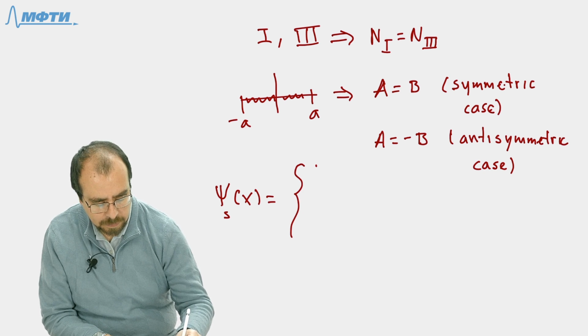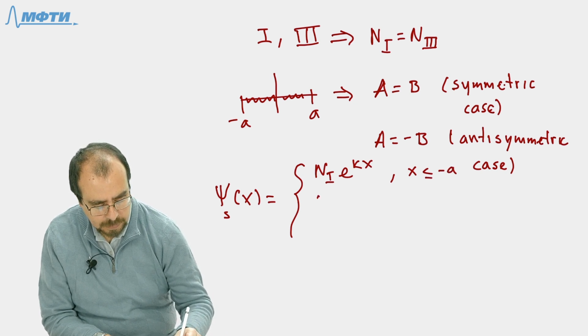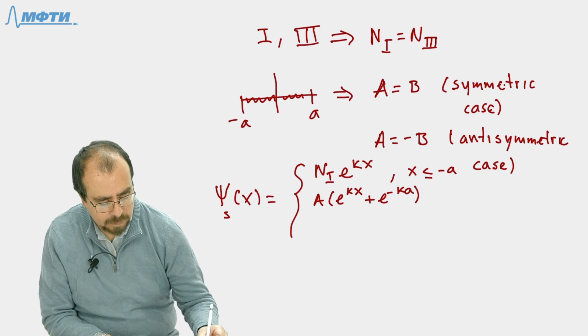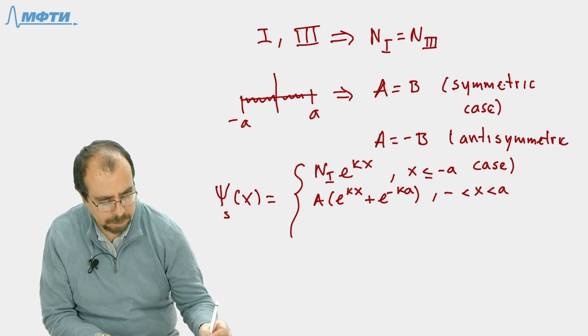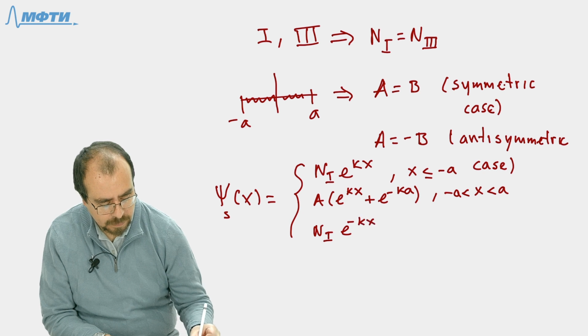We will have N1 exponential of kx for x smaller than minus a, smaller than or equal, then a times exponential of kx plus exponential of minus kx for the region 2, that means between a and minus a, and N1 again for the minus kx for the region 3.